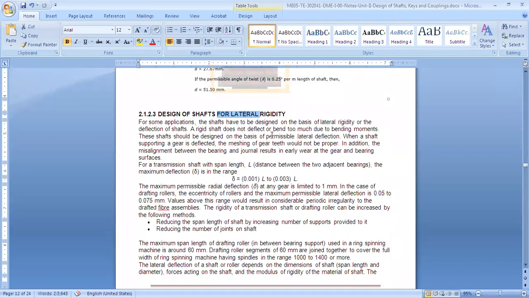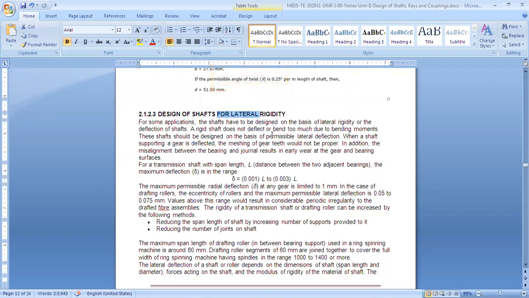So to avoid that, like in the design for the torsional rigidity, where we said allowable twisting, here we say allowable deflection. How much your shaft is allowed to deflect, because if we allow more than that deflection, my shaft will fail. So we say the maximum allowed deflection, which we denote by the symbol delta, and that is the design of the shaft for the lateral rigidity.